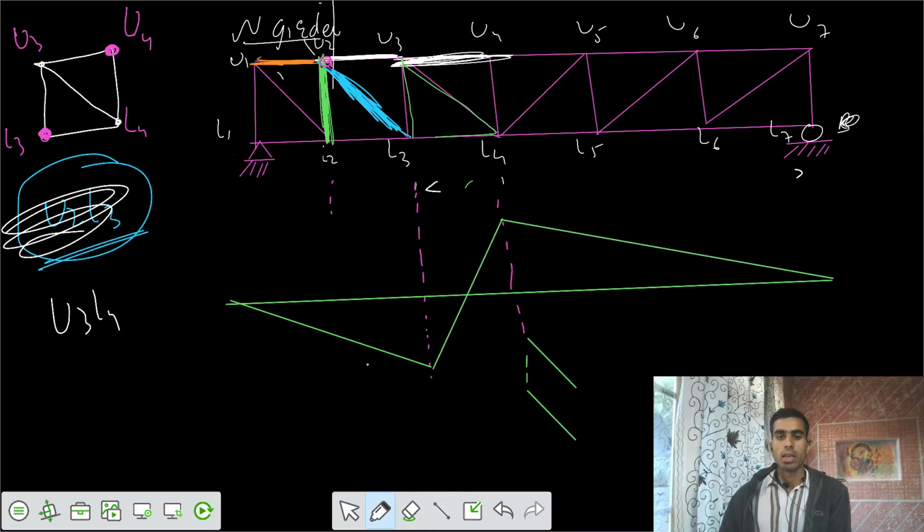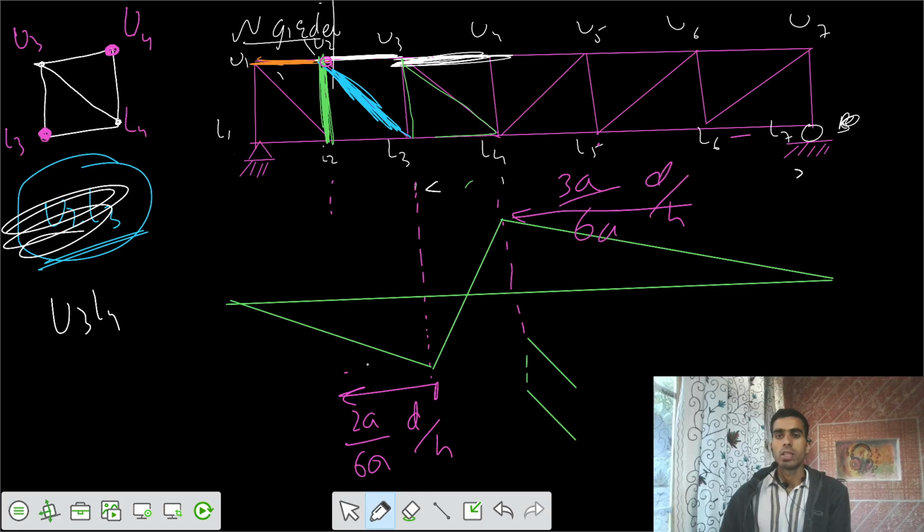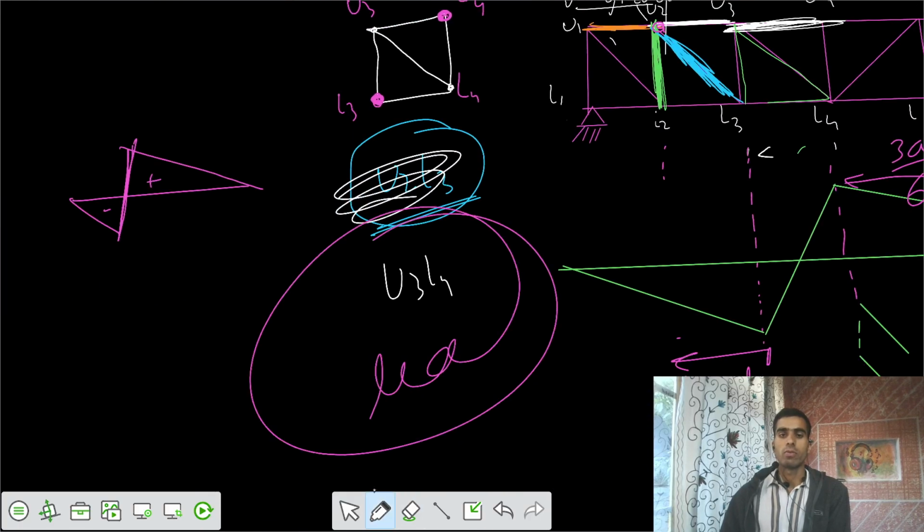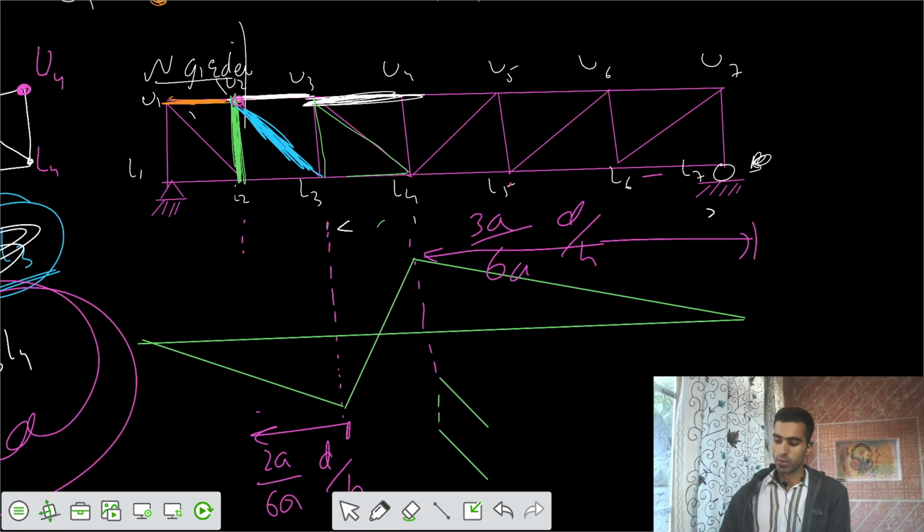X d by L, here the value of X is 2 times 2A by 6A d by H. For this one, 3A by 6A d by H. This is your ILD for U3, L4.